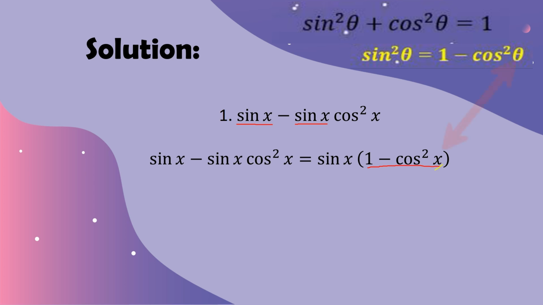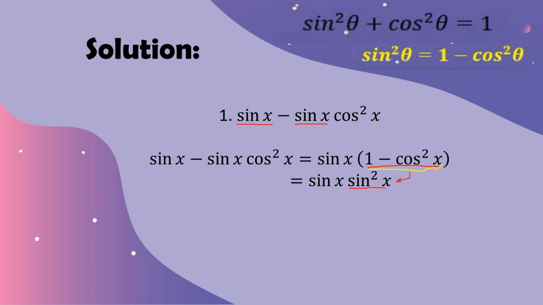Remember, yung x tsaka yung theta, angles lang naman yan. So may 1 minus cosine squared theta ka dito, may 1 minus cosine squared x ka dito. This means we can actually substitute it with sine squared theta. This is because we can make use of that Pythagorean identity.